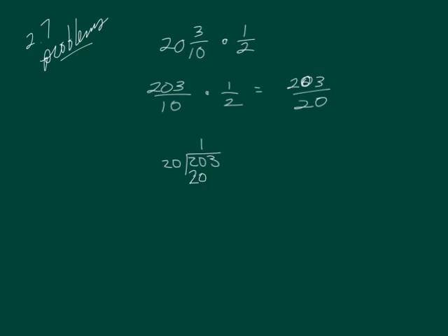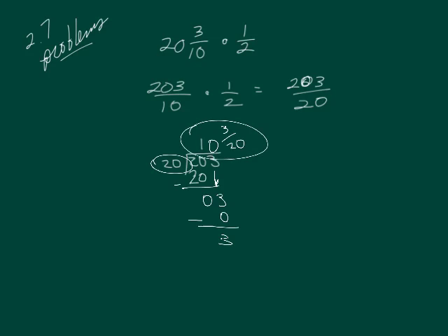Then we will subtract here. 20 minus 20 is 0. Bring down the 3. 20 goes into 3 0 times. 0 times 20 is 0. Subtract. 3 left over. That's our remainder. And we have 3 over 20 there.